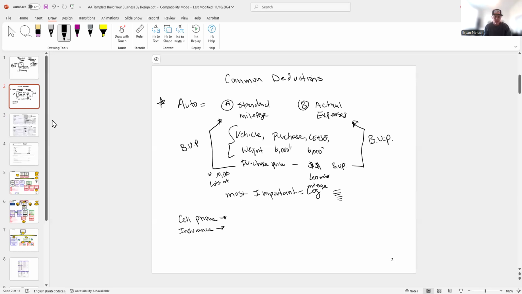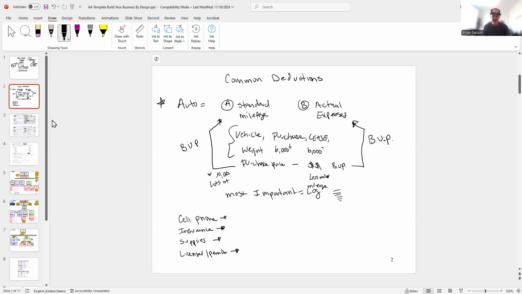I'm also looking at supplies. Maybe I bought some water bottles or some snacks for drivers when they hop in my car. When drivers do that for me, I super appreciate it. Because sometimes you've been on a long flight, you're just a little bit thirsty, you don't have time to just sit down. So those things are always nice. Maybe any licenses, permits that I have to do to operate my business.